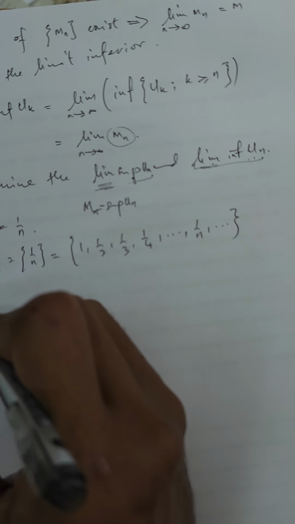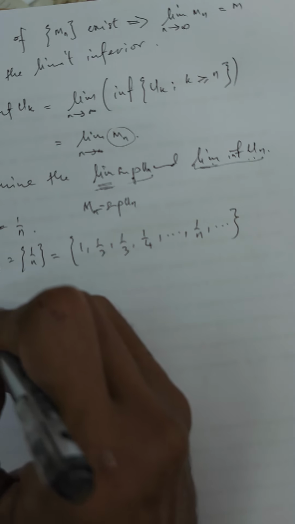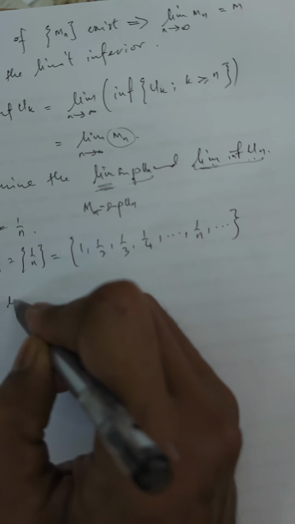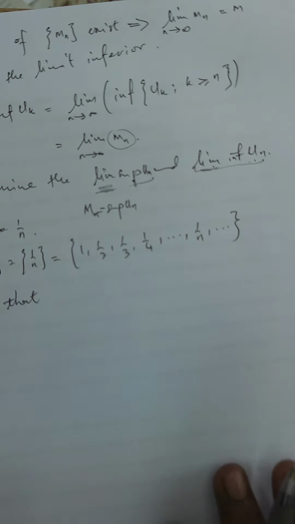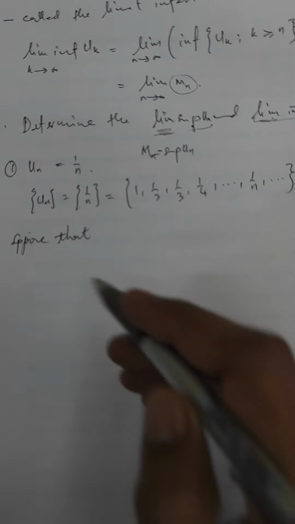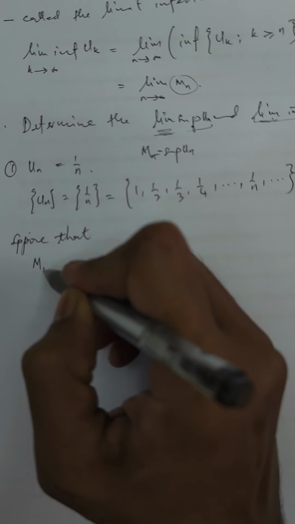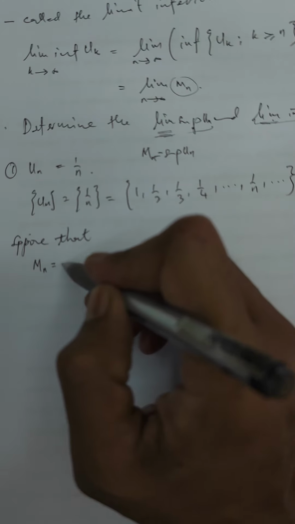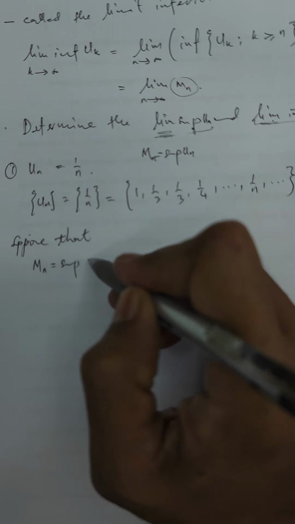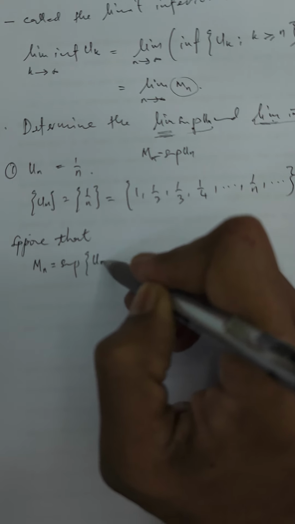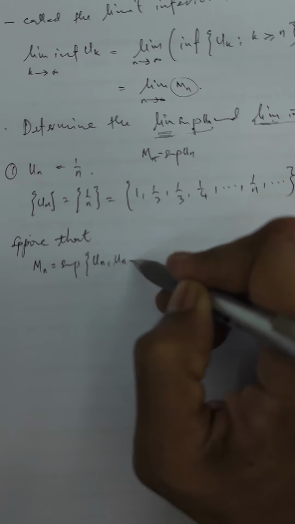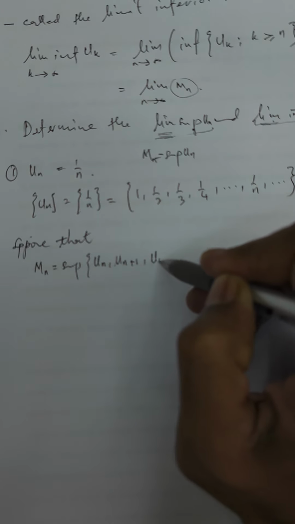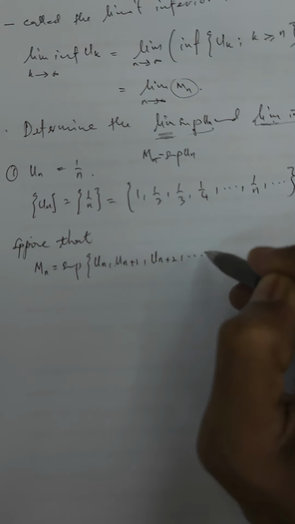We define or suppose that mn is a supremum of un plus 1, un plus 2, and so on.